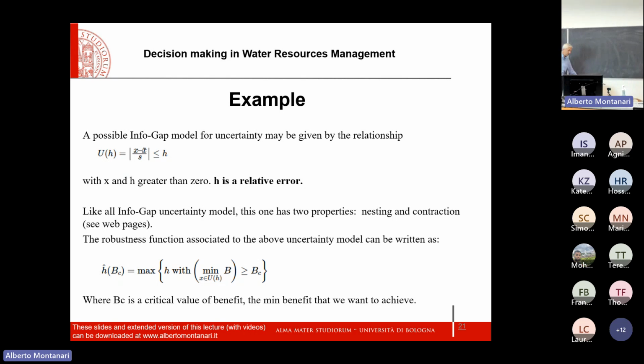And the reasoning is that we have, for instance, from a climate model, maybe a hydrological modeling cascade, a future prediction. And here, the example refers in particular, as you may remember, to a future prediction of water resources availability. And this future prediction is accompanied by an estimate of an error.